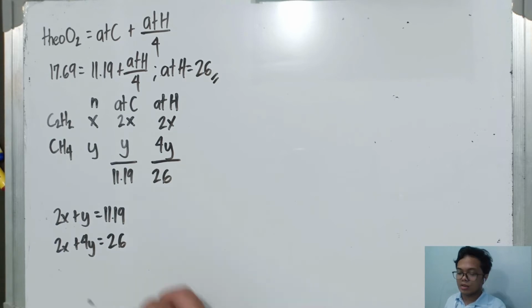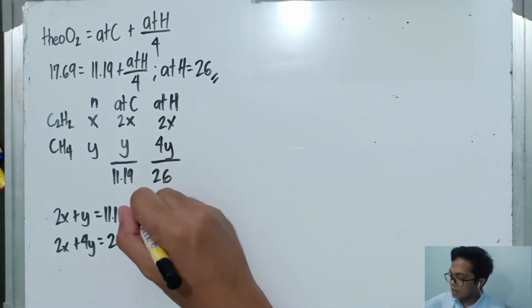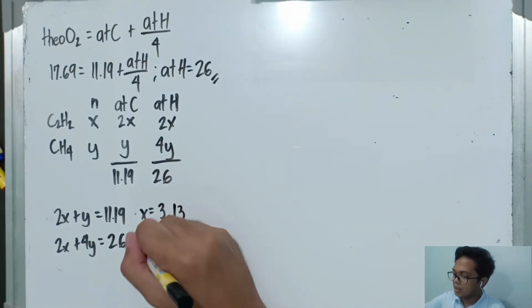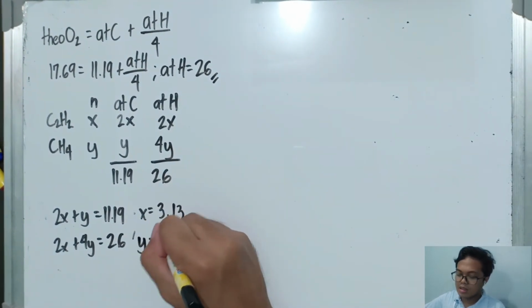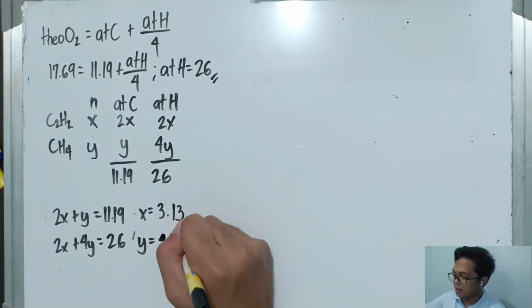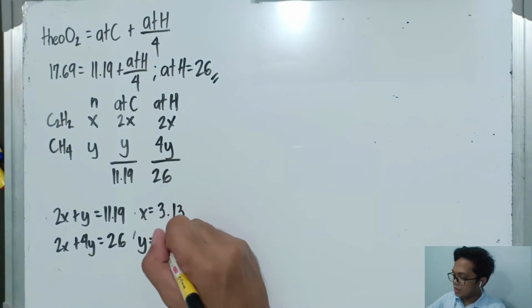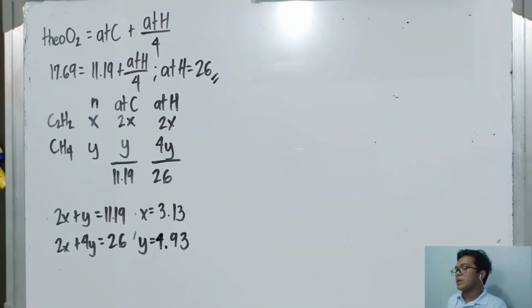No matter what the method, you should be able to get for X, this is 3.13. Then Y is 4.93. Okay, let me just erase this. As for the values, it's very reassuring if you check the actual values.